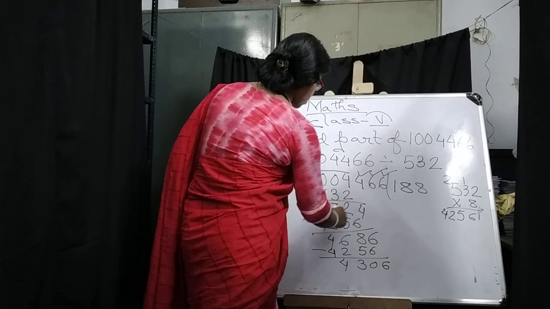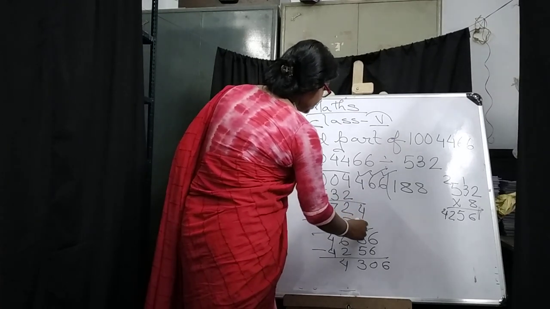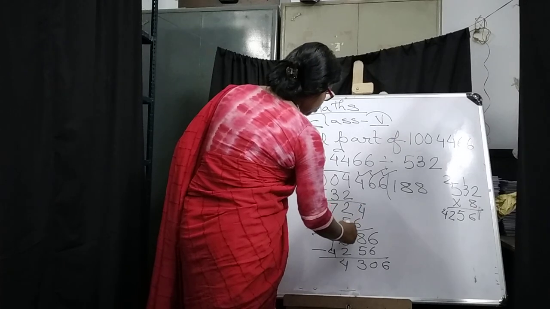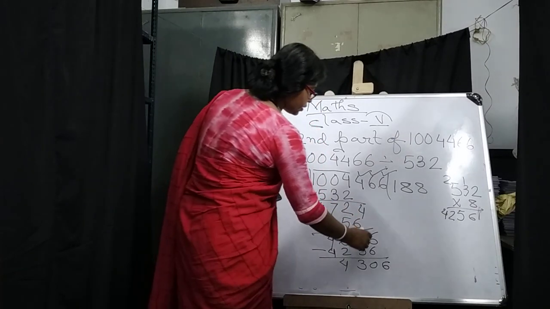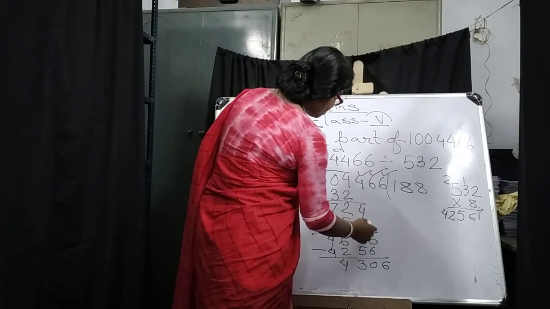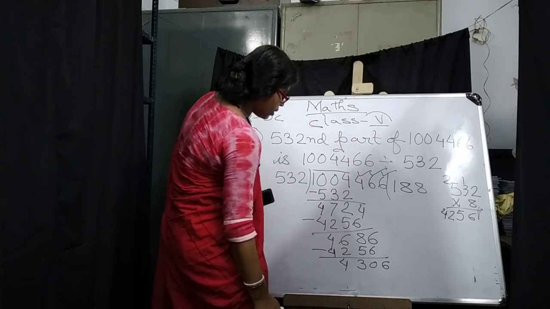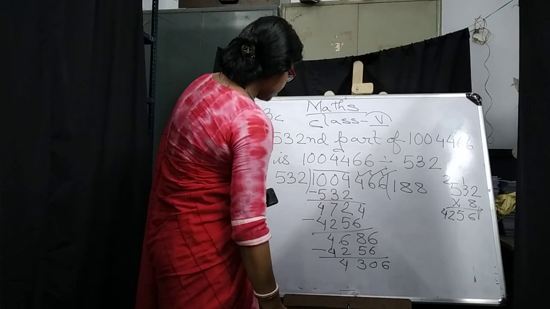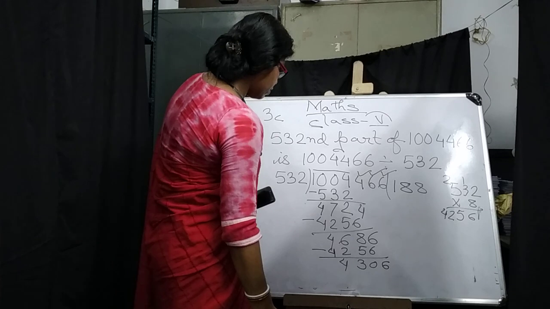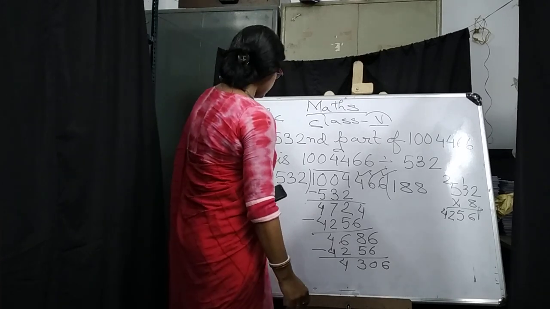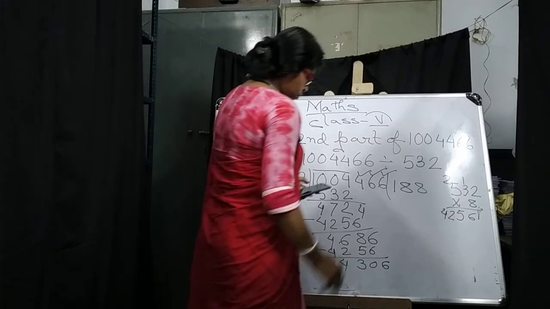4724. 8 2s are 16, 5, 3, 2. What is the number?